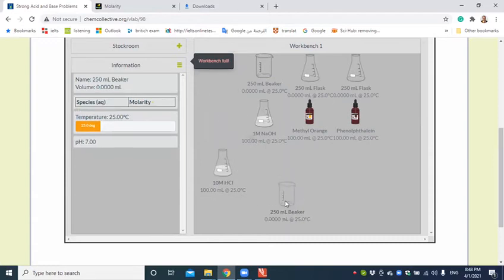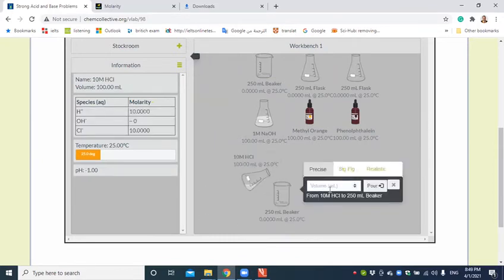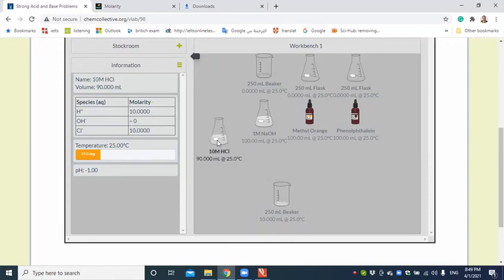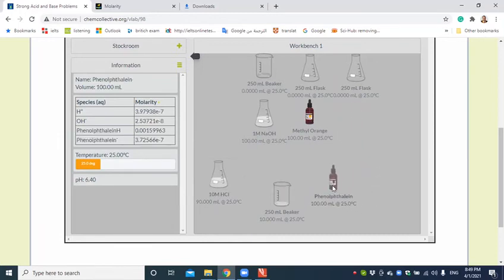Now I will use the beaker to put some of the HCl in it. I will choose 10 ml. So now we put 10 ml of HCl in this beaker. Here we will use the first indicator, phenolphthalein, to indicate the change of color in this solution.